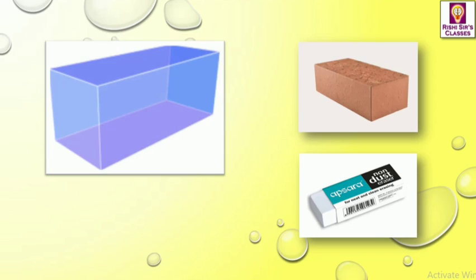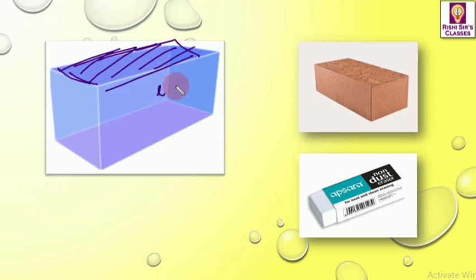Now moving on to the TSA of it. For TSA we will add the top portion as well as the bottom portion. The area of the top portion will be L multiplied by B. Top portion and the bottom portion, so it will become 2LB.